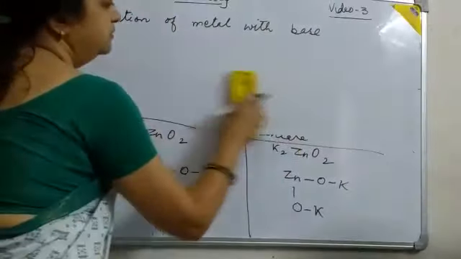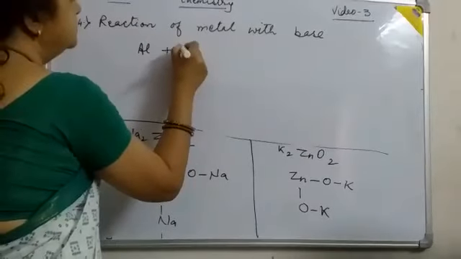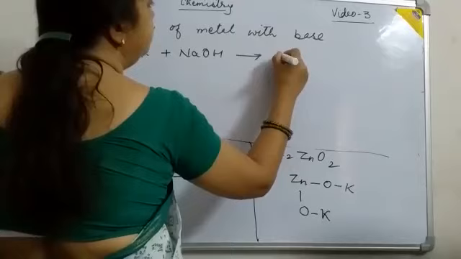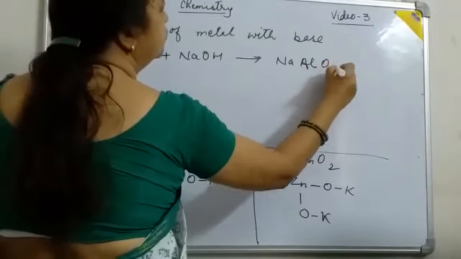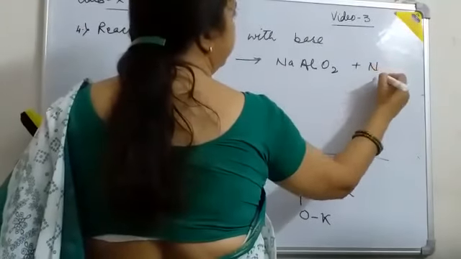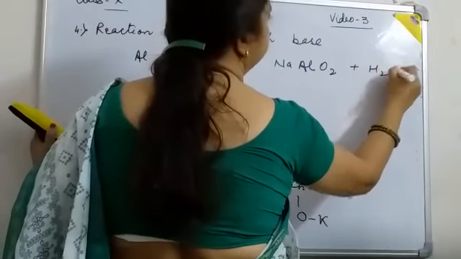Aluminium plus sodium hydroxide gives sodium aluminate, NaAlO2. Here there is only one sodium, NaAlO2, with the liberation of hydrogen gas.